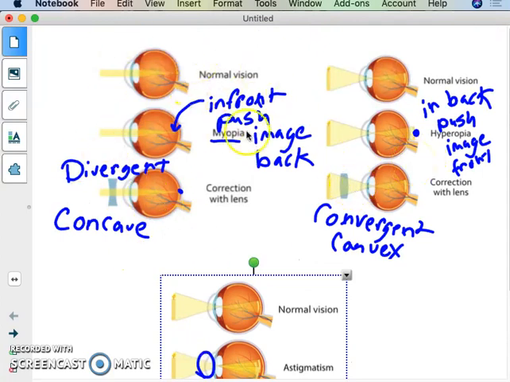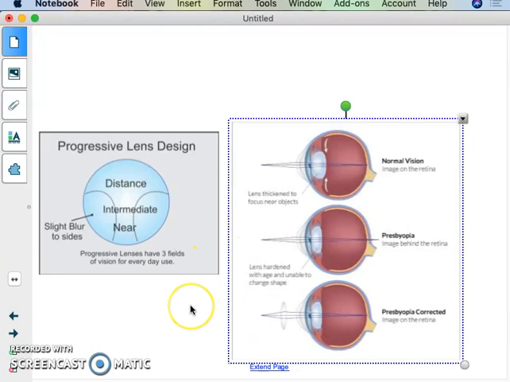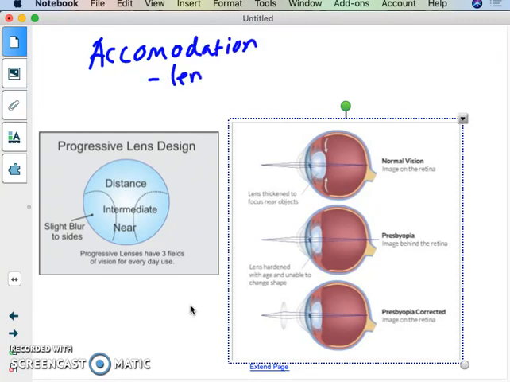Now, myopia is definitely the more common, but remember when we talked about accommodation? So accommodation is when your lens flexes to bring distance and near objects into focus. So just to change focus.